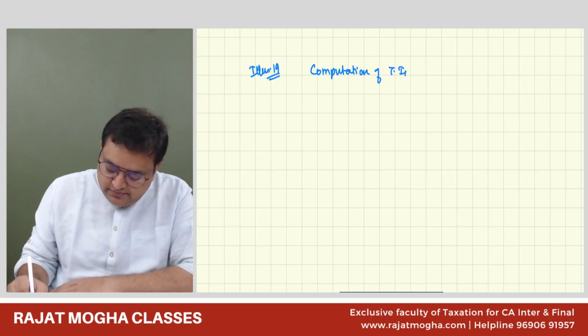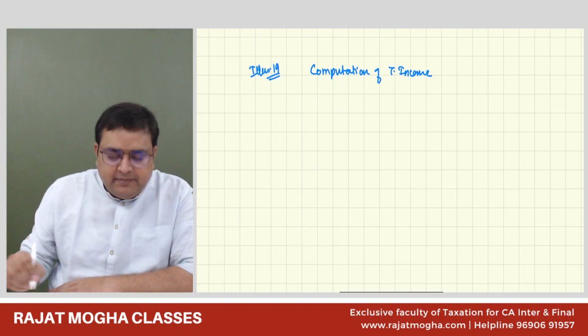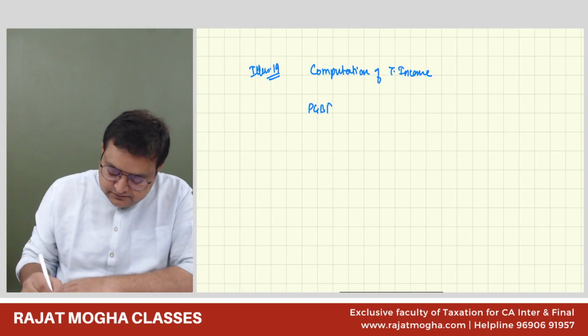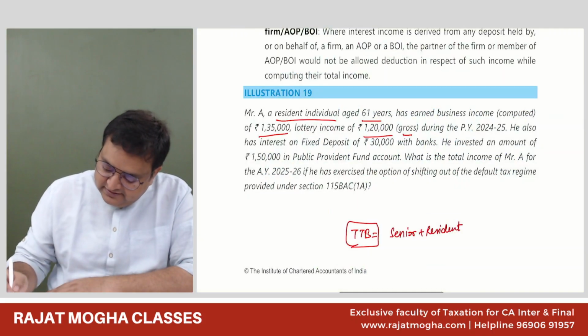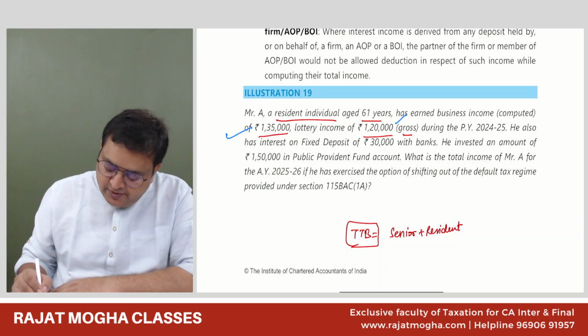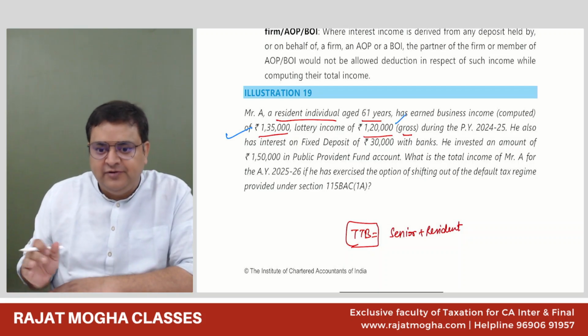Computation of total income. Let's say I'm directly doing it. So this guy has PGBP income. It is given to us that this guy has a PGBP income of 135. Lottery income 120, that is gross. It is not net, so it is gross. So we are okay with it.